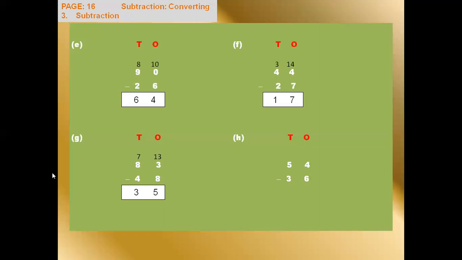H part, 54 minus 36. Again, 4 minus 6. 4 is less than 6, so it is not possible to subtract 6 from 4.